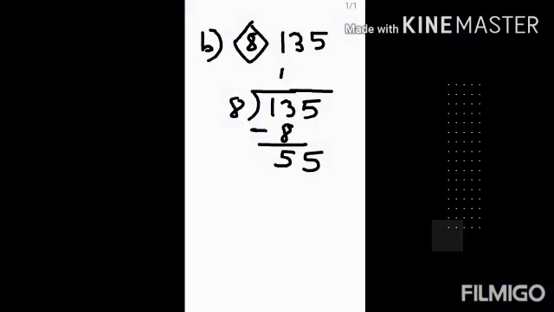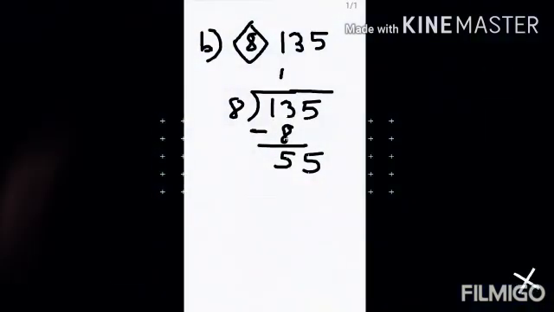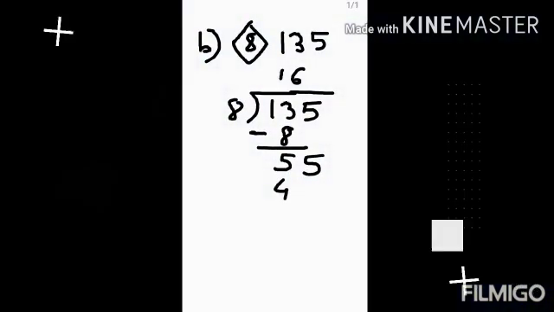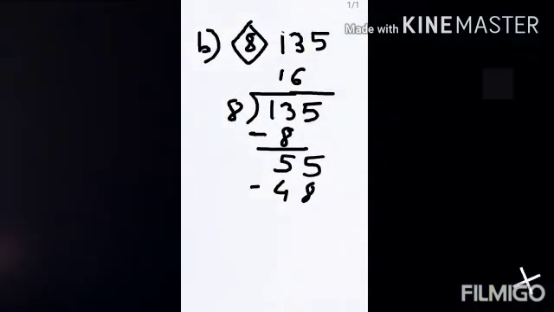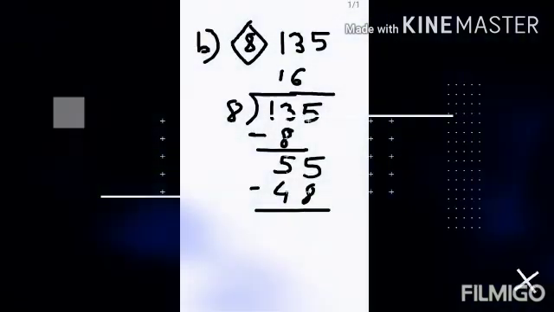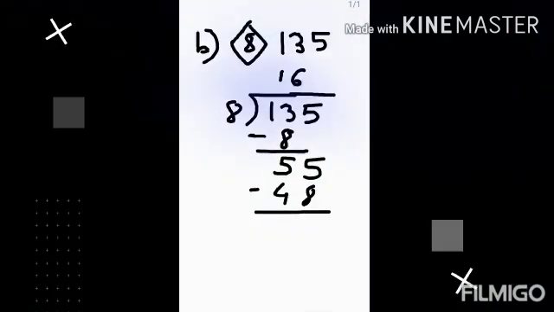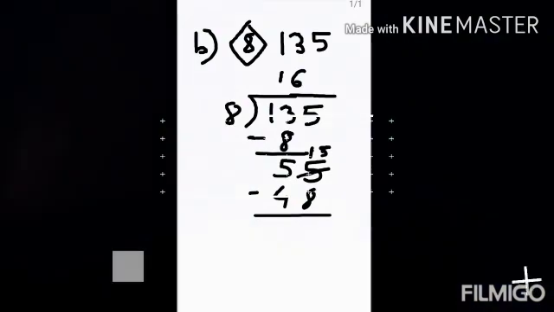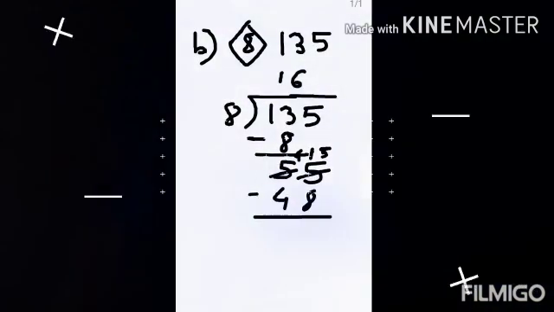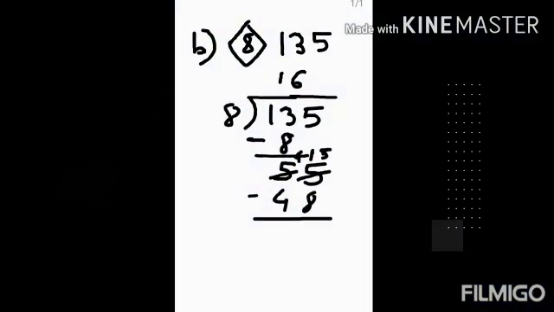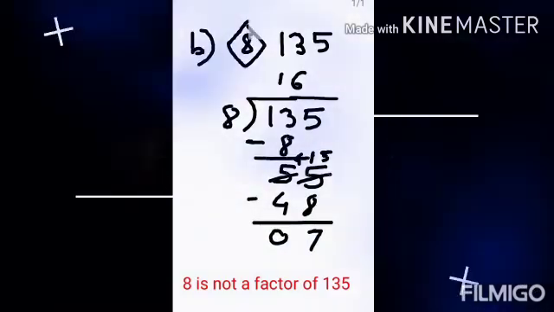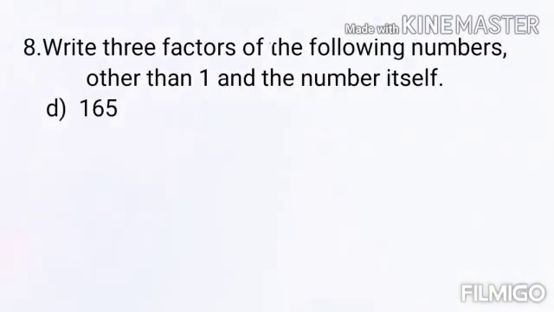So it will be 8 sixes are 48. We will take 48 and subtract. Borrowing properly, you will do the subtraction, and you will get the remainder as 7. The remainder is 7, that means 8 is not a factor of 135, because the remainder is not 0 here.